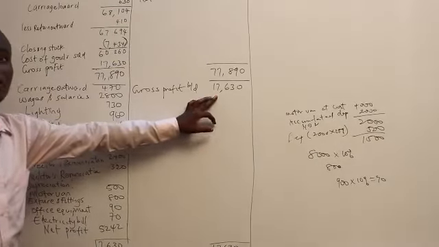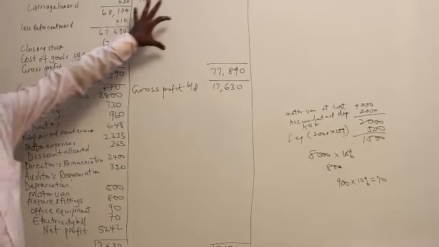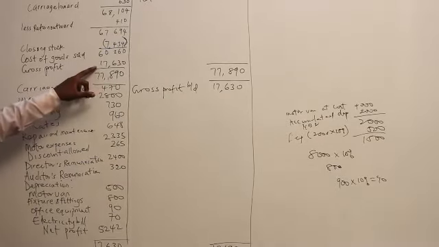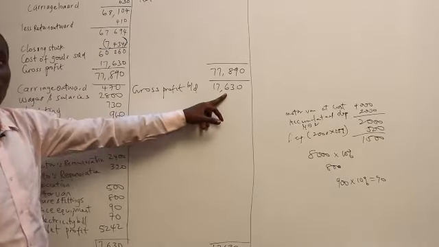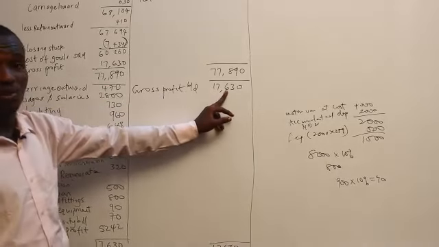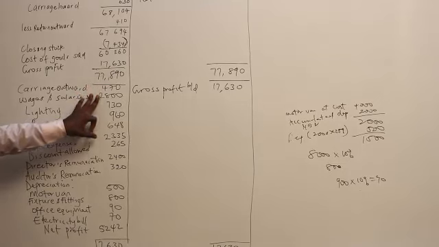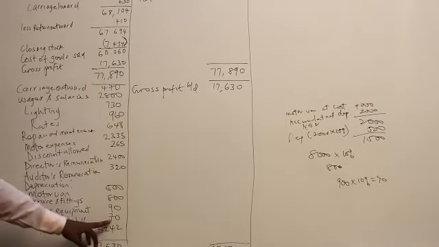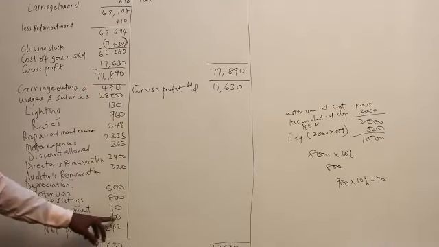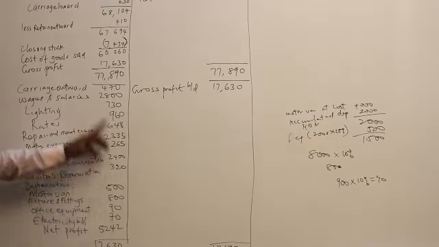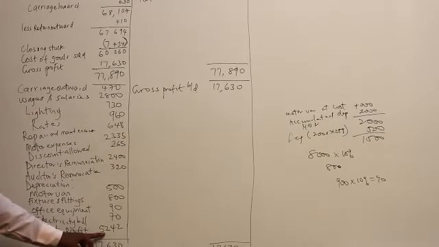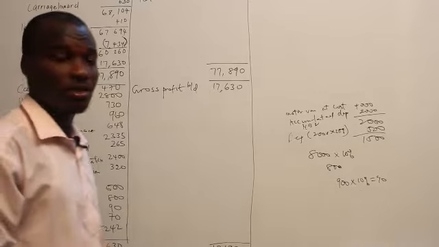So for you to get the gross profit made from trading activity, we calculate our gross profit here and bring it down to this place. So this is the gross profit you have for the period. All of the expenses incurred in the period, you add everything up to this place. You understand? So you now find the difference between this and the total expenses. That will give you the net profit. So everything will balance.